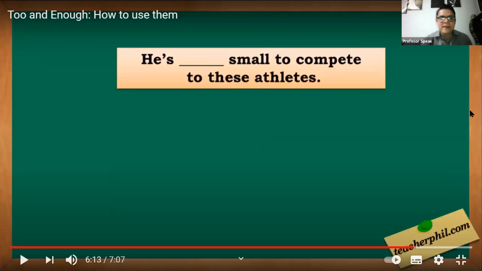Nancy, continue, please. He's too small to compete with these athletes. Okay. Negative context. Let's check it out.